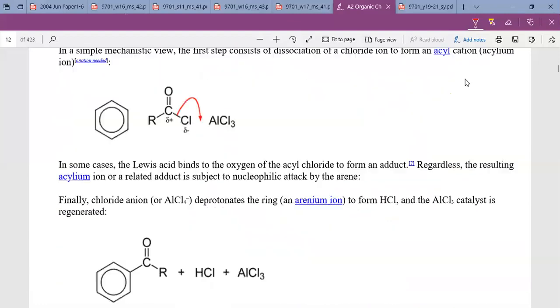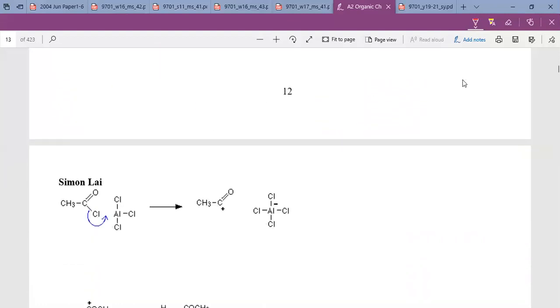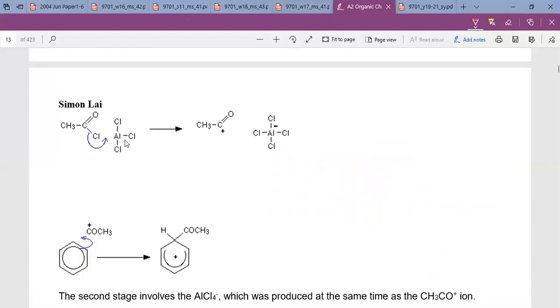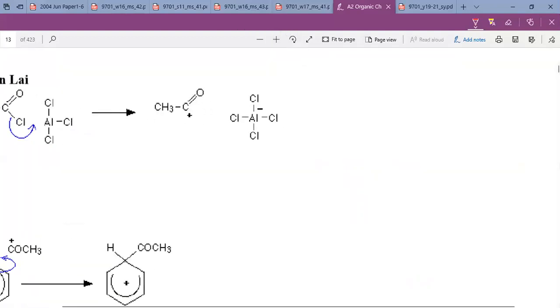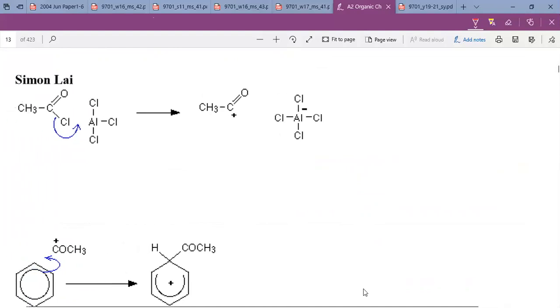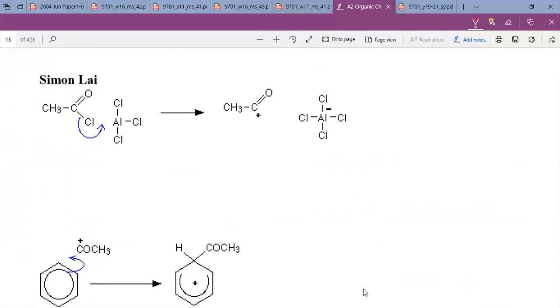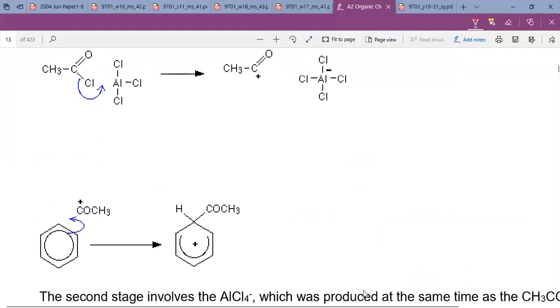I can cut and paste here. Iron as well. Remember this, so dot, dot, dot, cross, cross.